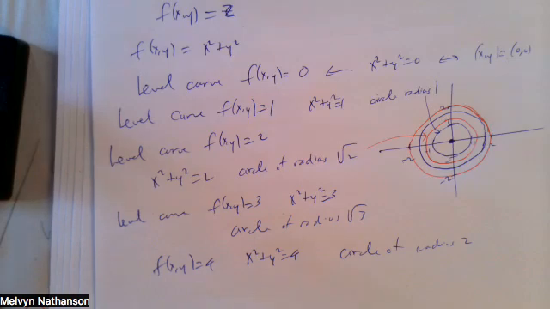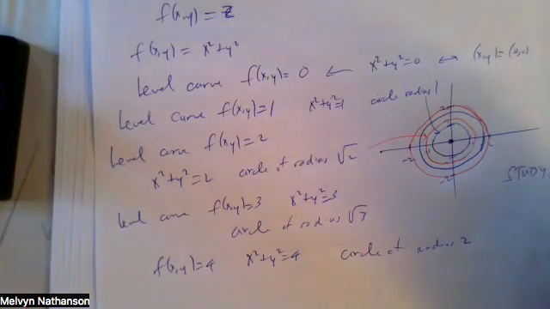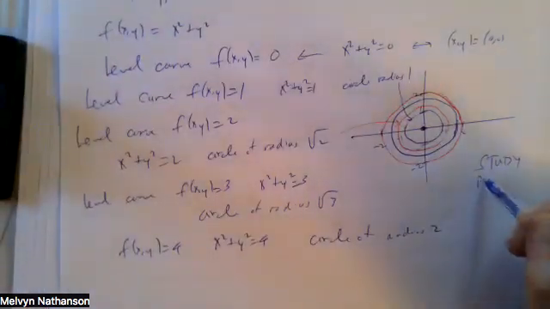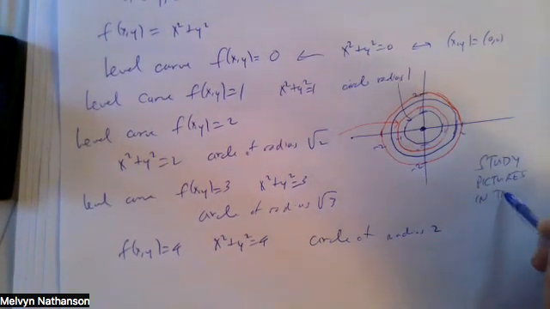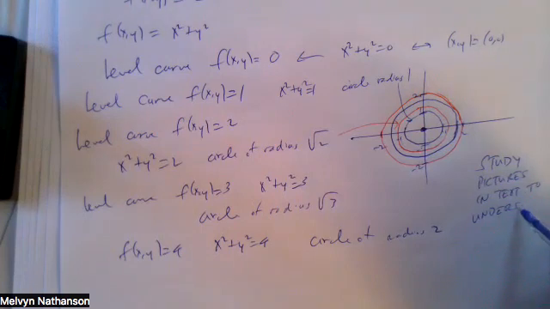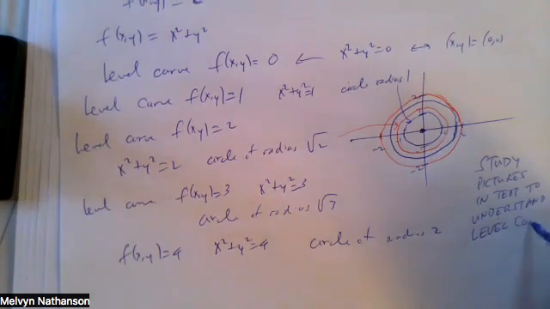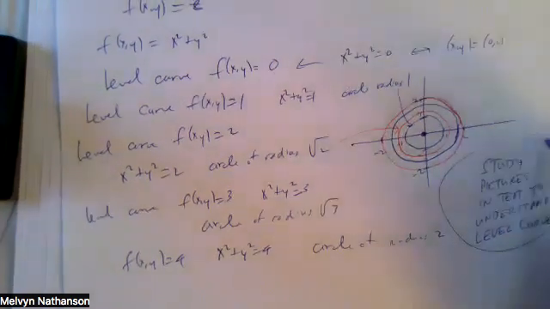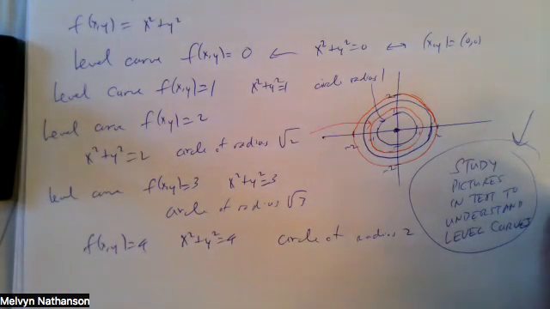So the best thing to do is study the figures in the text to understand level curves. That's really the suggestion, because it's hard to draw these things by hand, and you get an idea of what's going on by looking at these level curves.